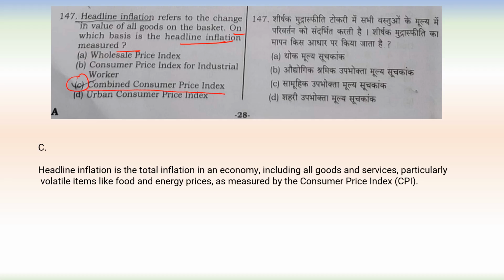The headline inflation is the total inflation in an economy, including all goods and services, particularly volatile items like food and energy prices, and these are measured by the consumer price index. So we have to remember this. The combined consumer price index is the basis on which headline inflation is measured.